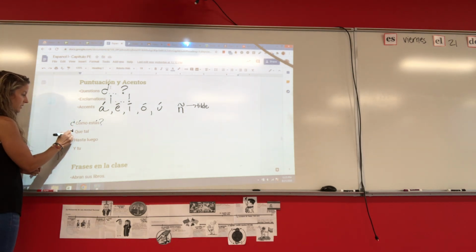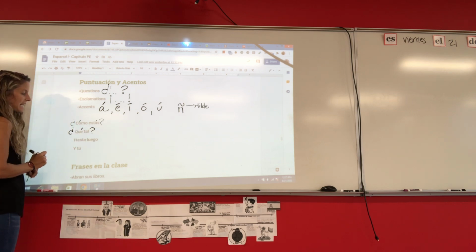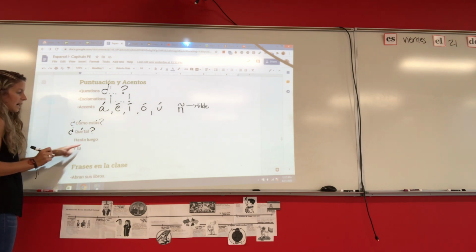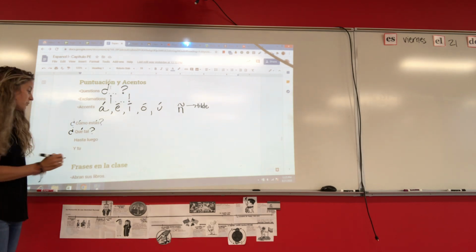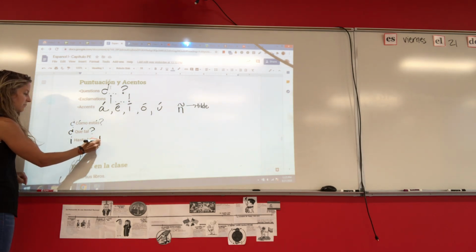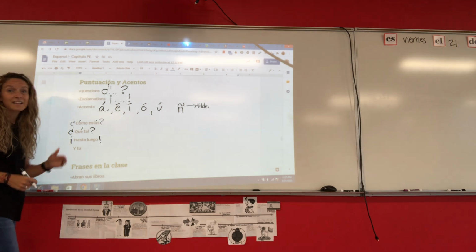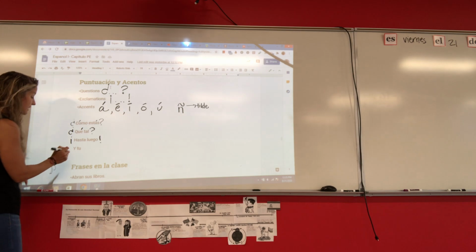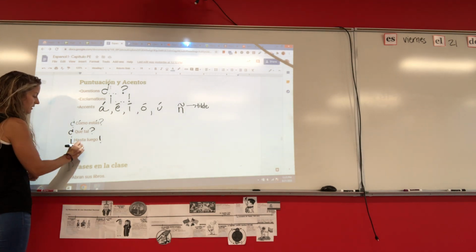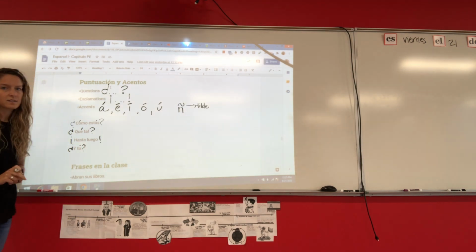This is also a question, and it has a question word in it, so there's an accent over that E. ¡Hasta luego! is an exclamation, so we need to put our exclamation points. And finally, ¿y tú? You're flipping that question back around, so it is a question. We put our question marks, and our U has an accent.